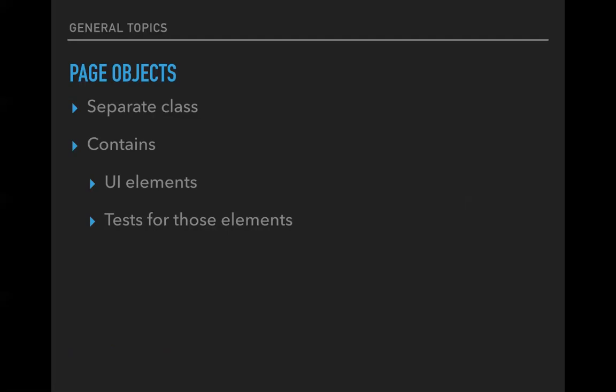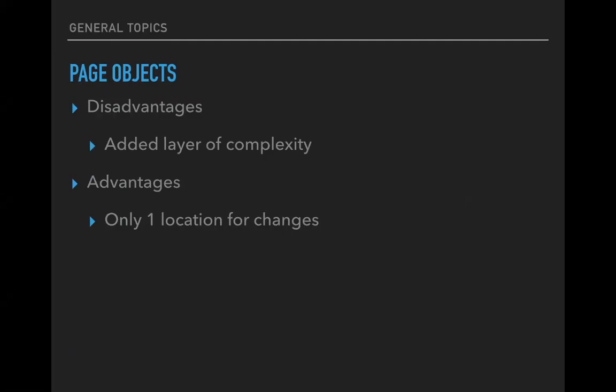Now, this design pattern is really important, because when you make a change to your application under test, and you have 500 different test cases that use a component of that application under test, you're going to have to change those 500 tests if that component changes.